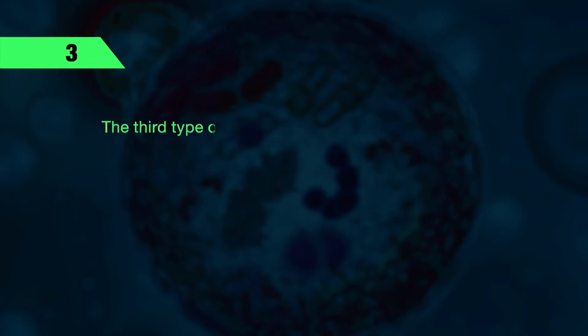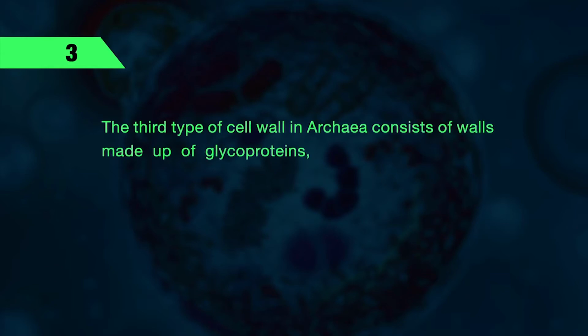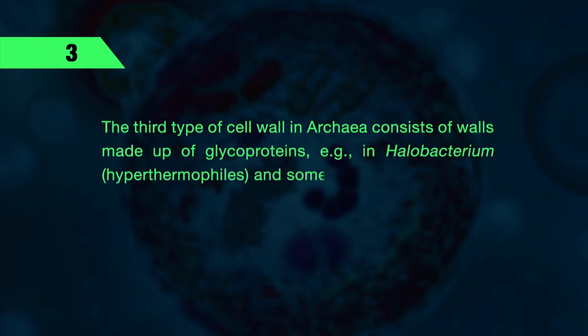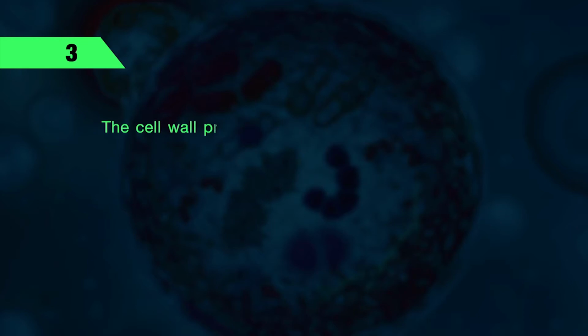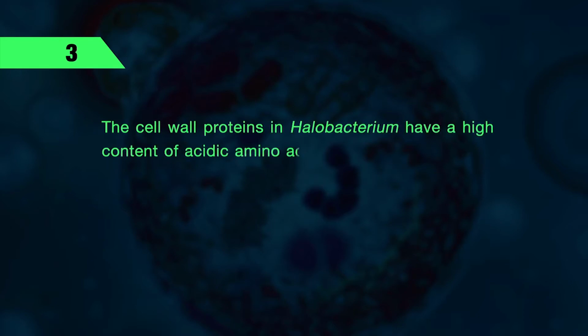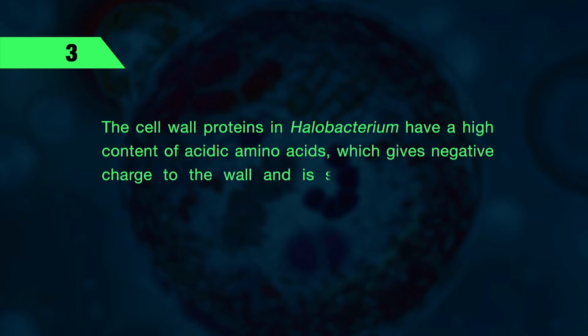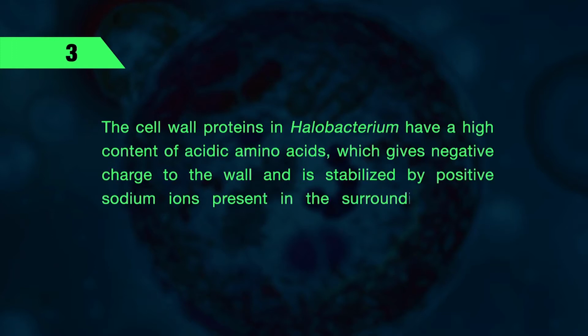The third type of cell wall in archaebacteria consists of walls made up of glycoproteins. For example, in Halobacterium, which is a halophile, and some methanogens. The cell wall proteins in Halobacterium have a high content of acidic amino acids, which gives negative charge to the wall and is stabilized by positive sodium ions present in the surroundings under natural conditions.